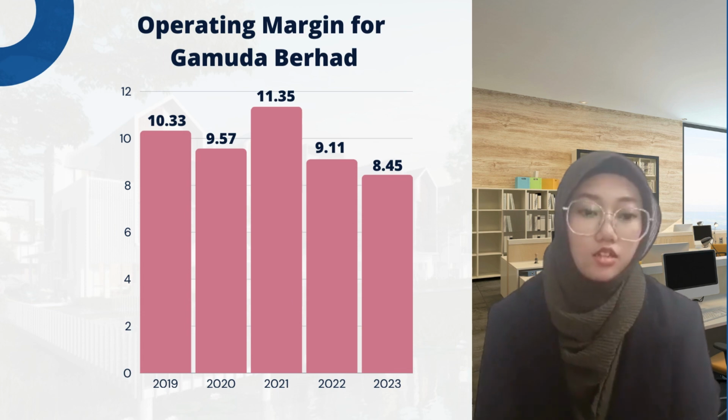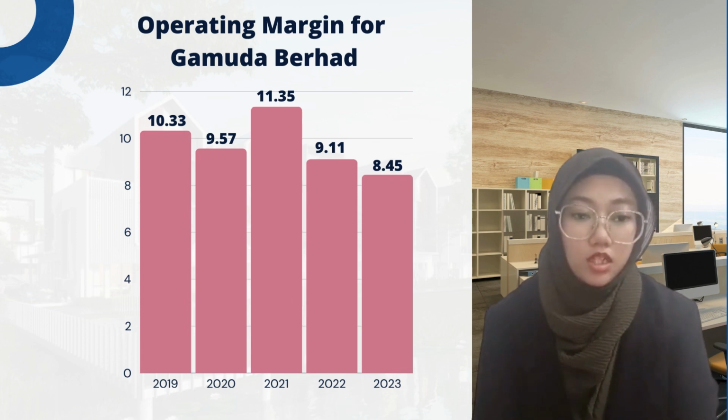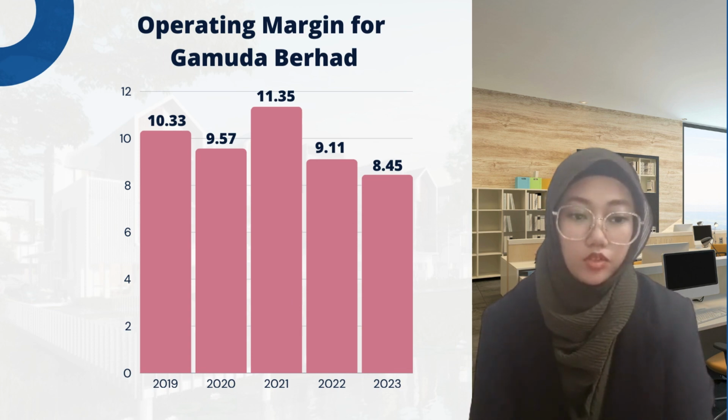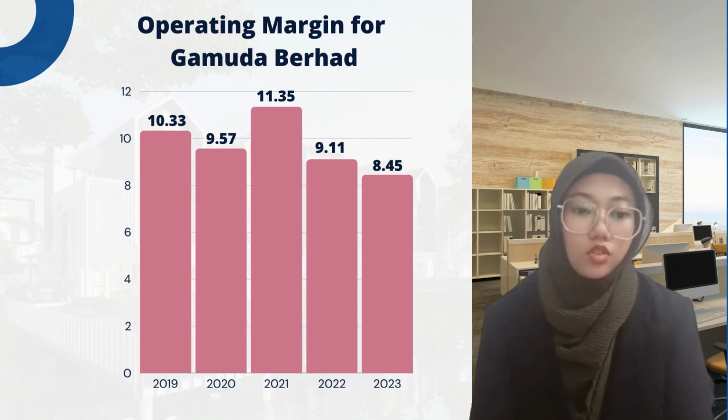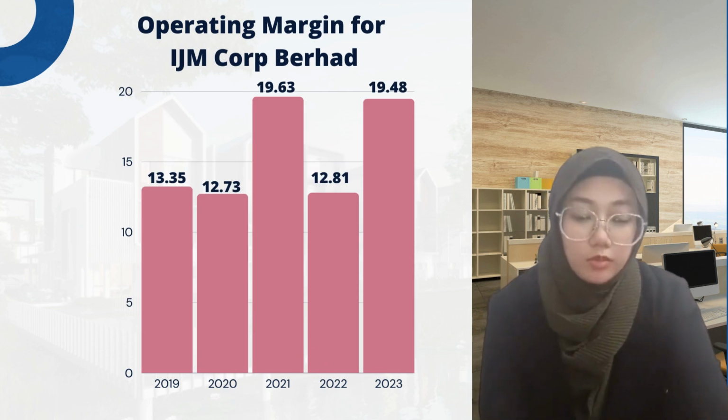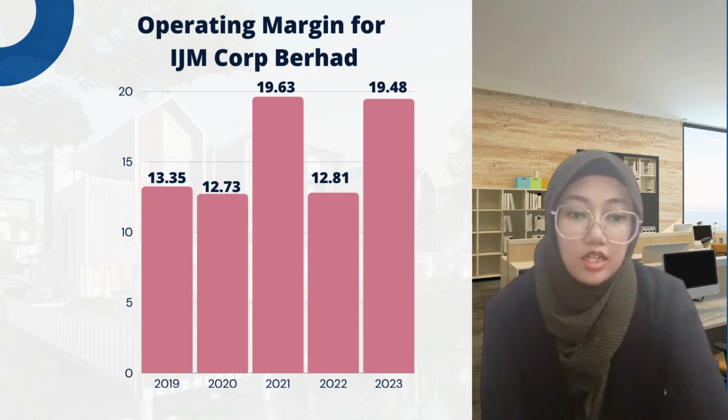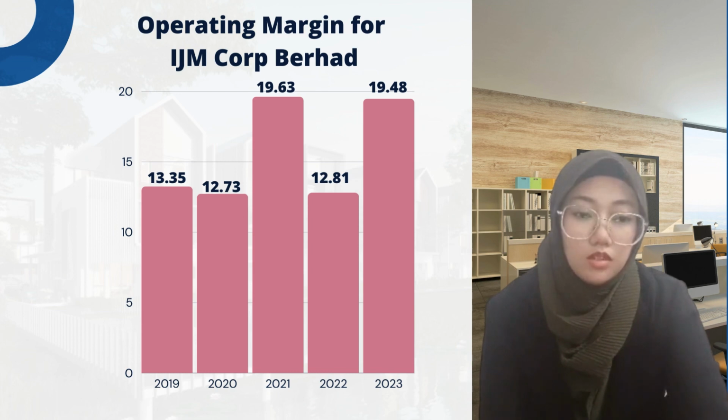As you can see, the operating margin for Gamuda Berhad is going downward, but there's a slight increase in 2021 with a record of 11.35, while the current year is 8.45. The operating margin for IJM Corp fluctuated, with the highest ratio in 2021, which is 19.63, while the latest is 19.48.